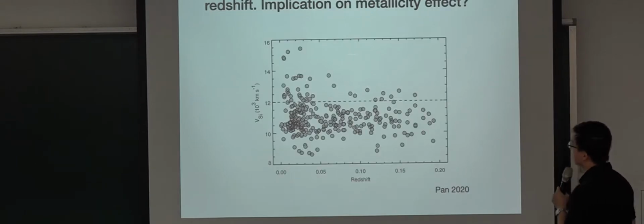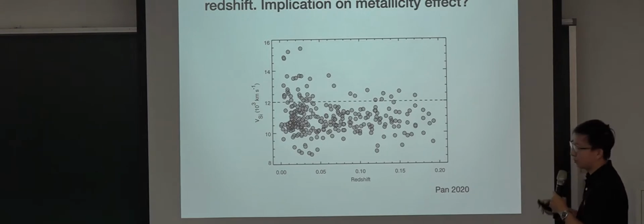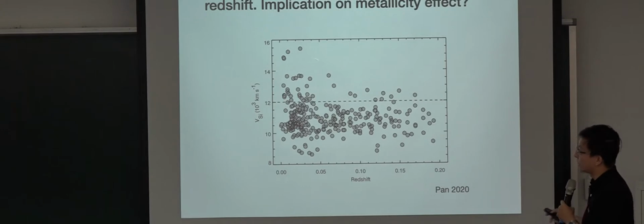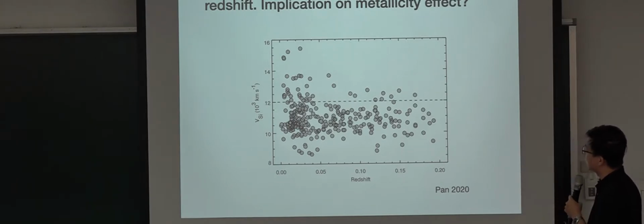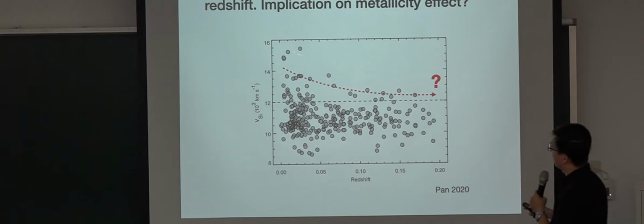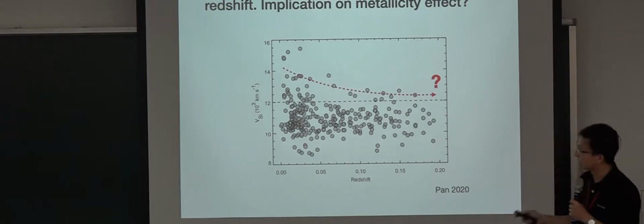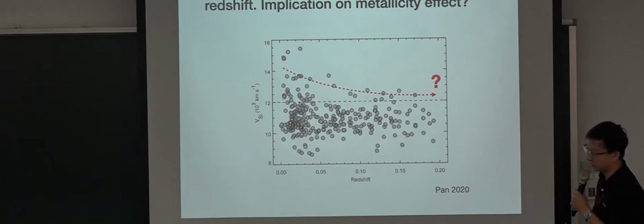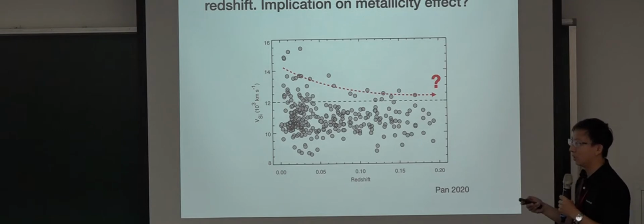So there's other evidence. If the populations of type Ia supernovae are sensitive to this metallicity, we should be able to see evolution with redshift. For example, this shows you the silicon velocity as a function of redshift of our sample. You can see there's probably a change in the fraction of high velocity type Ia supernovae towards higher redshift, because at higher redshift we expect them to be more metal poor.